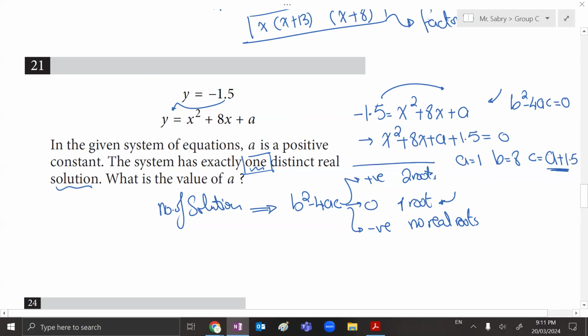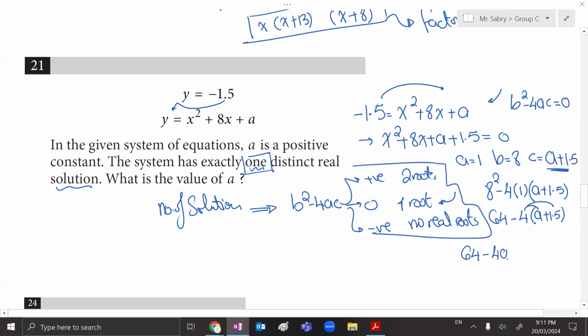So when you put this into the discriminant rule, it would become b power 2, 8 power 2, minus 4a, which is 1, and c, which is a plus 1.5. 8 power 2 would become 64 minus 4 times a plus 1.5. The 4 will be distributed, which will get you 64 minus 4a.